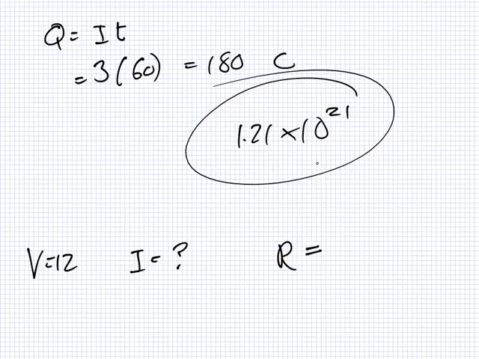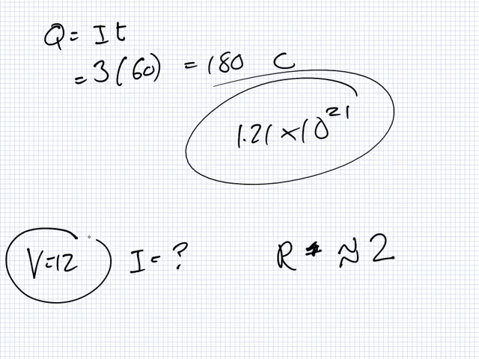It was 2 previously, but we don't know what it'll be now. But we can say maybe it doesn't change too much, so we'll say it's roughly 2. The only thing we know for certain now is the voltage is 12. So the I is V over R, which is 6. But it's not going to be exactly 6.